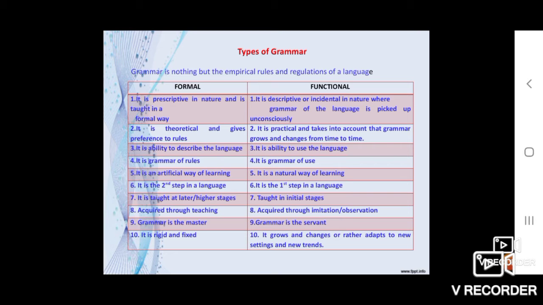In formal grammar, the second point is that it is theoretical and gives preference to the rules. If you are a student and you are there for grammatical operations, then you need to follow the theoretical knowledge. You must have the theoretical knowledge, and on the basis of the rules of a particular topic, you will have to attempt grammatical operations.